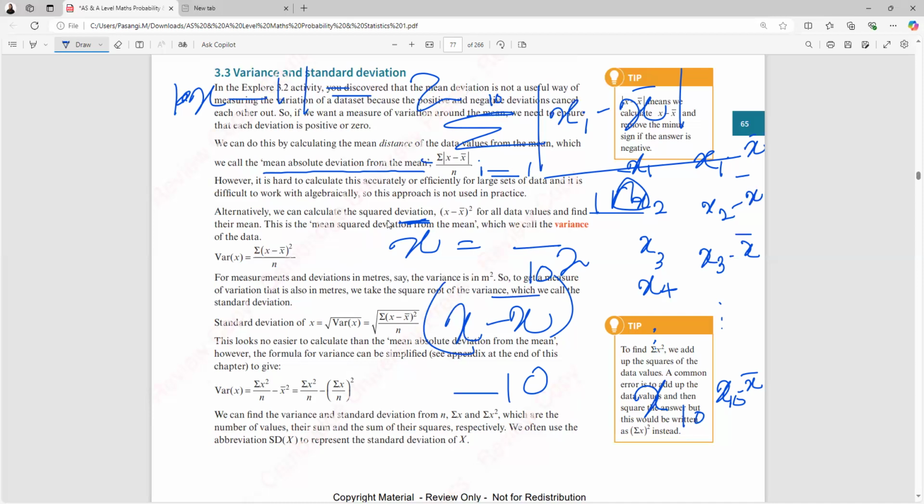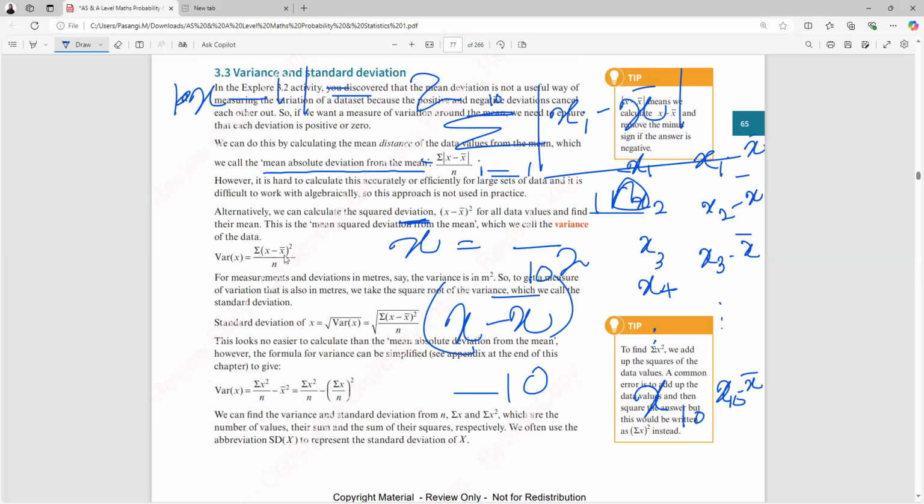The first one is what we learned already, the mean distance. You can calculate the mean distance of the data points, that means the mean absolute deviation from the mean. The second one is to calculate the variance. How are we going to calculate the variance?